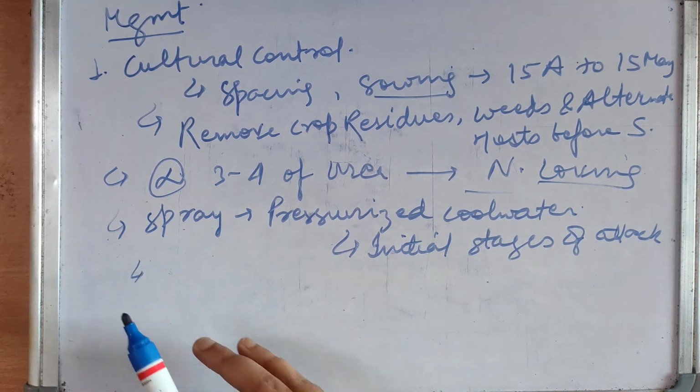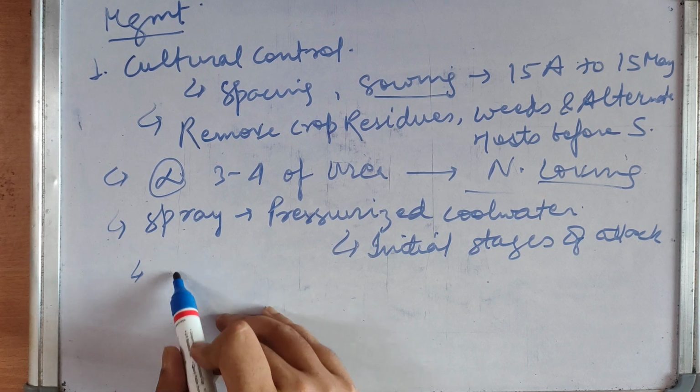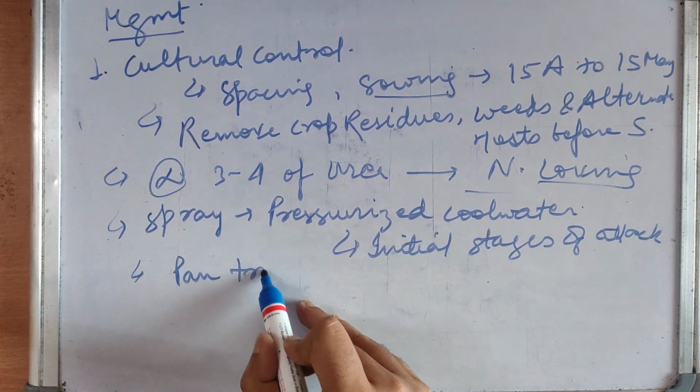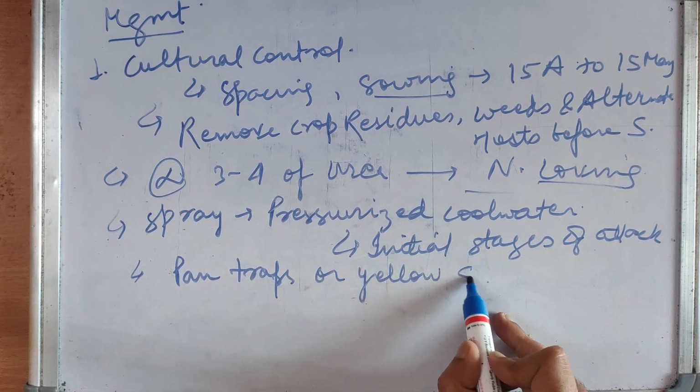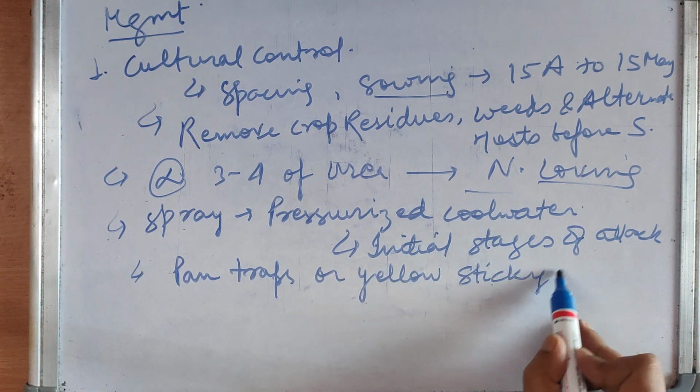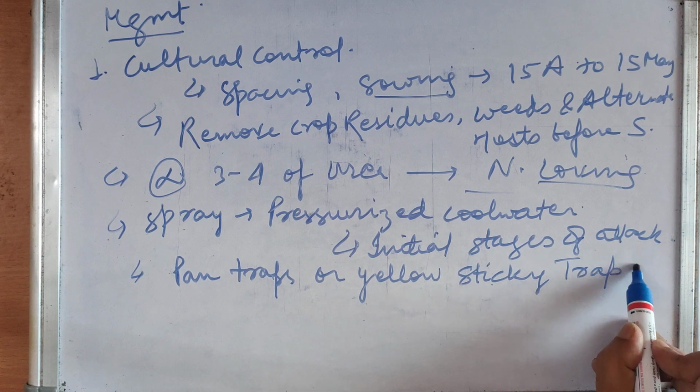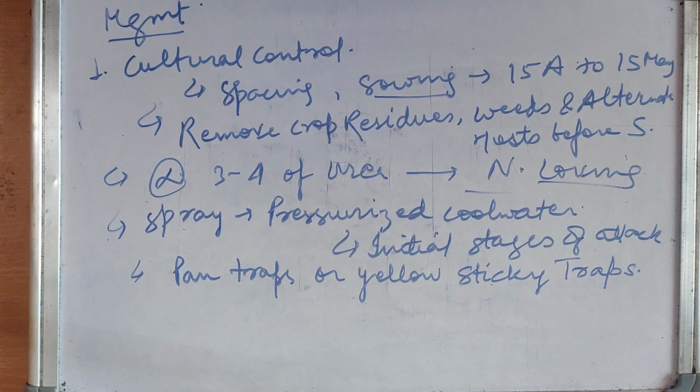We can also use pan traps or yellow sticky traps. Now this was about cultural control. Now moving on to biological control.